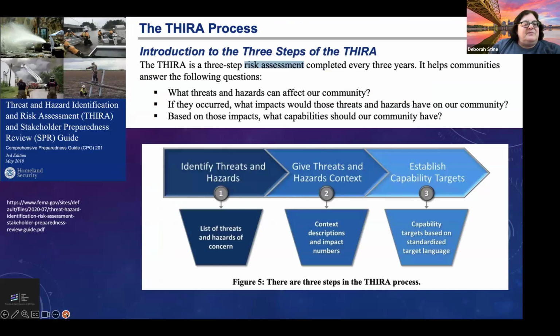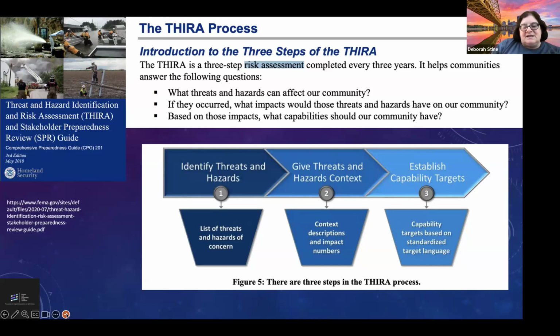This is an example of how they work with stakeholders. So say people are worried about a dam in their neighborhood, and part of what you're supposed to do is engage with the community, so you can understand what the hazards and threats are and what it is that they are worried about.